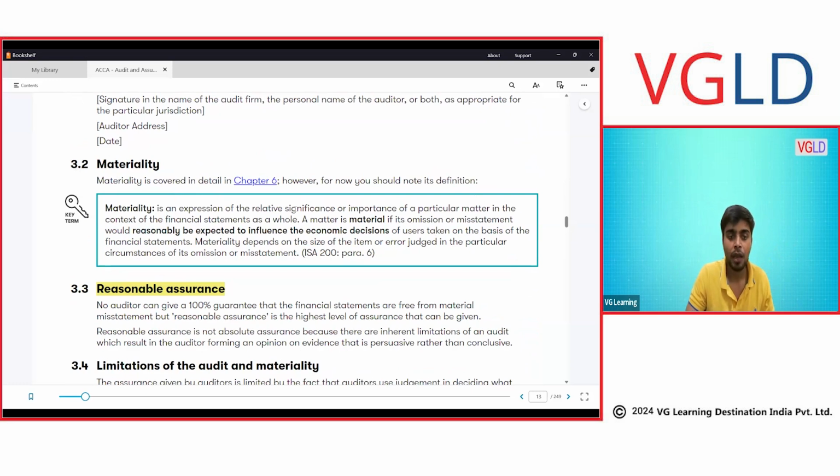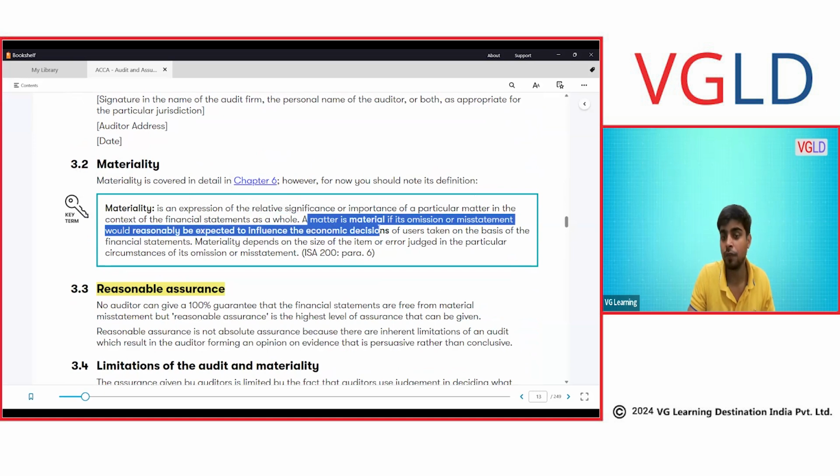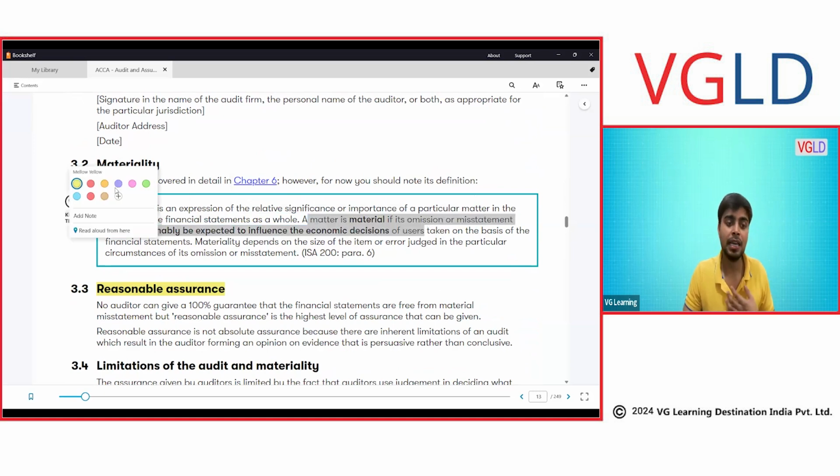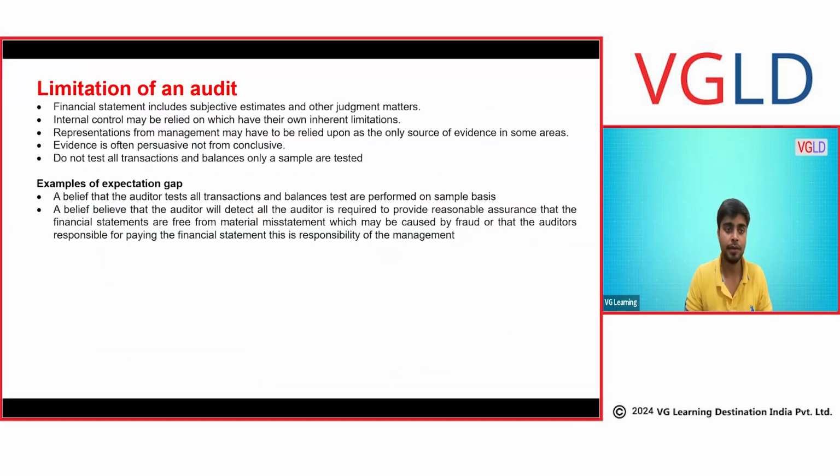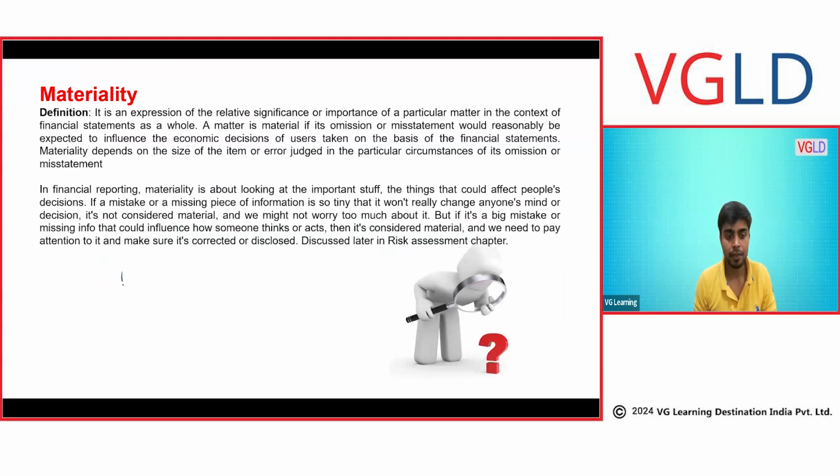Let's cover this. Materiality is an expression of the relative significance or importance of a particular matter in the context of the financial statements as a whole. A matter is material if its omission or misstatement would reasonably be expected to influence the decision of a user. If I am a shareholder, let's say there is company A and company B, both with a 10 crore value.